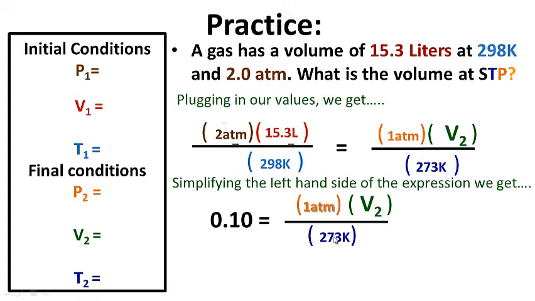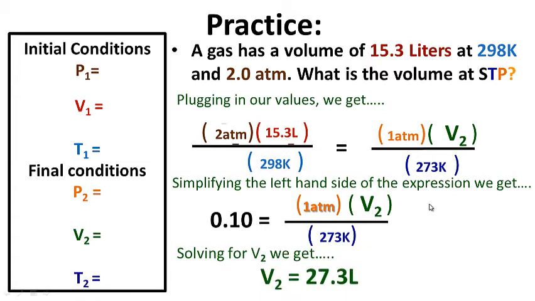So now we just need to multiply this side by 273 Kelvin and we can solve for V2. And we get 27.3 liters for V2. So the volume has increased. Hopefully you got that right.